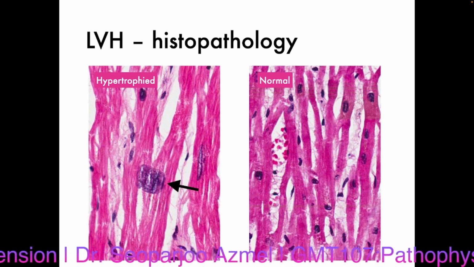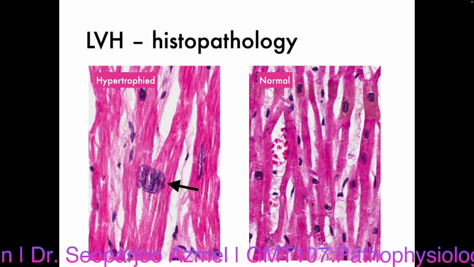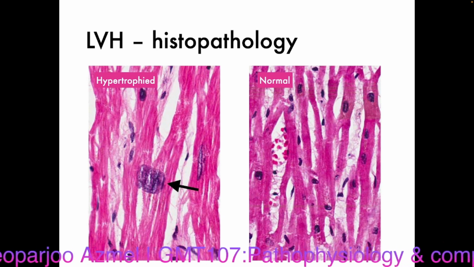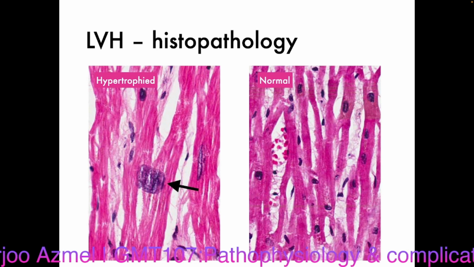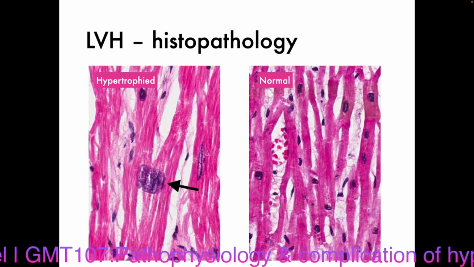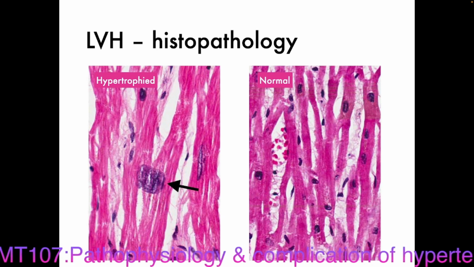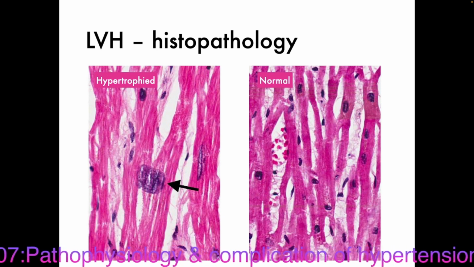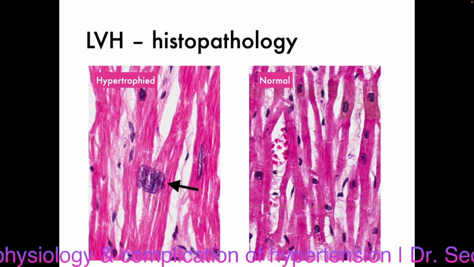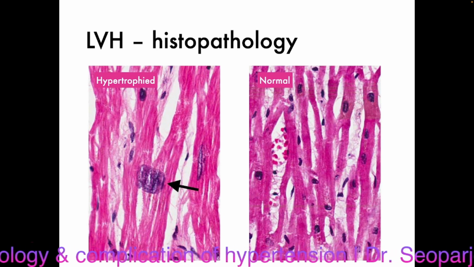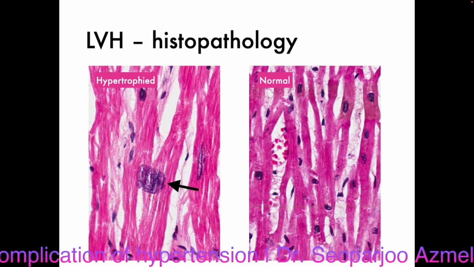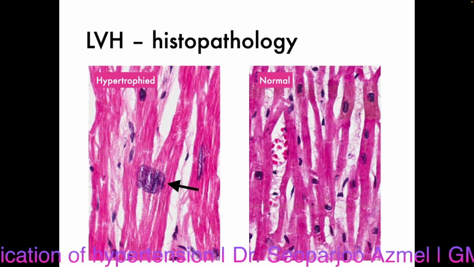You can see the normal myocytes or myocardium muscles are very thin and elongated, but in the hypertrophic muscles, the myocytes become thickened. Apart from that, the nucleus is also enlarged and located centrally, whereas in normal myocytes the nucleus is a bit smaller and sometimes located at the periphery of the myocytes.